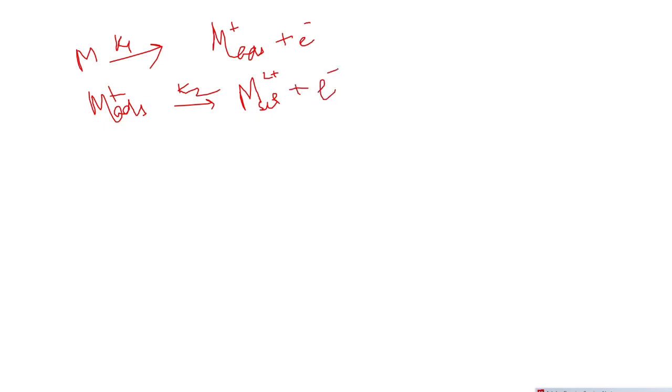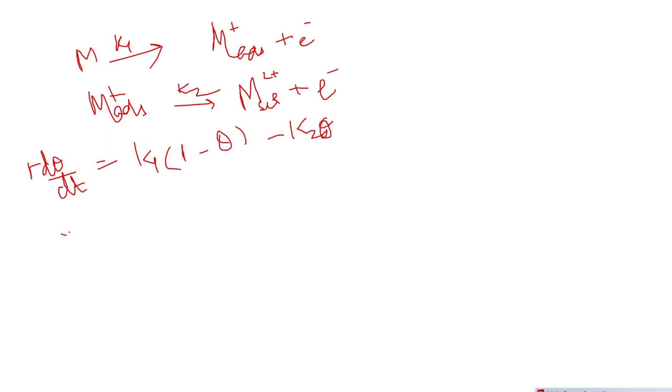Both are electrochemical reactions. So if you are writing the site balance, you will get it as d theta by dt equal to, both the steps having the adsorbed intermediate, K1 into 1 minus theta minus K2 theta.